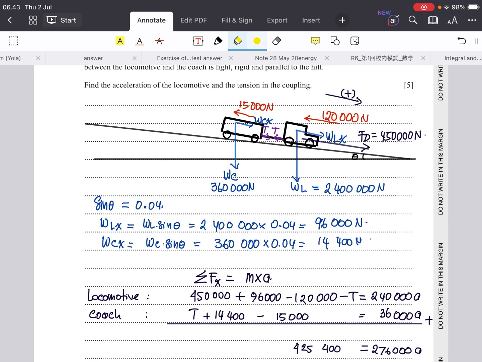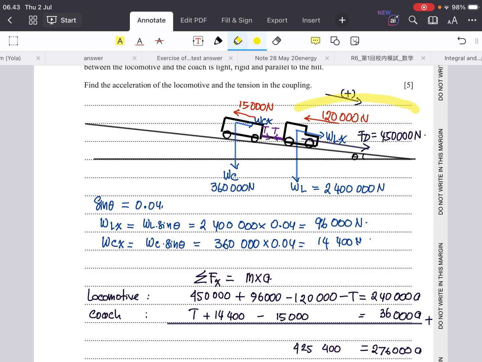And then using Newton's second law, we apply Newton's second law for both the locomotive and the coach separately. The formula is sigma F_x is equal to m times a.